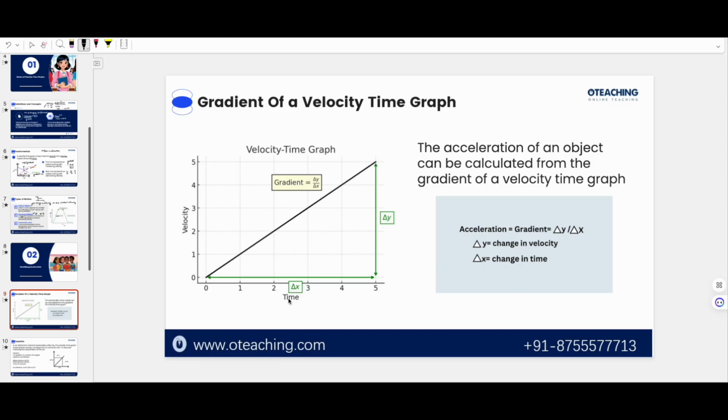So velocity over time, right? Do remember the acceleration is calculated by using the gradient of the velocity time graph. I hope I'm clear with this one. Any doubts, any queries that come up, please do let me know. So the acceleration is the gradient of the velocity time graph.